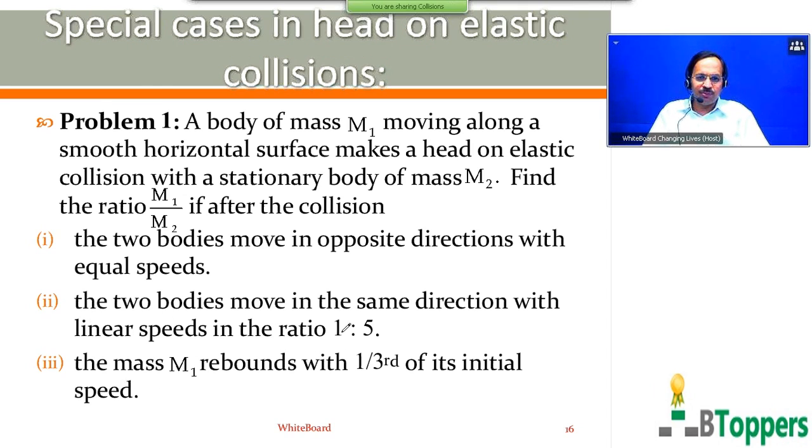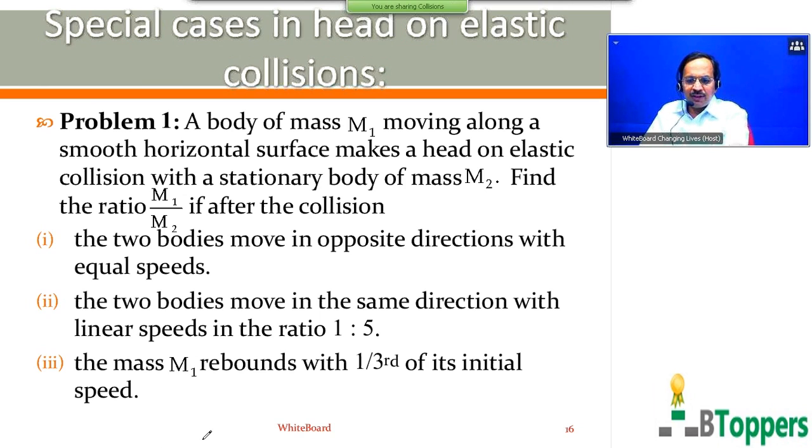Second part of the question, the two bodies move in the same direction with linear speeds in the ratio 1:5. Third part of the question, the mass m1 rebounds with 1/3 of its initial speed.